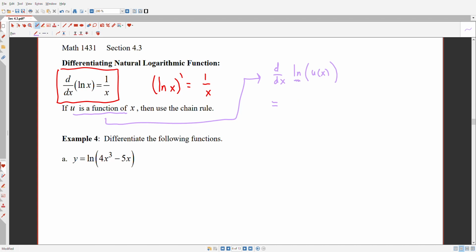That's my outside function. Its derivative is 1 over, and so I put my inside function. And now the chain rule comes in and I get u prime of x. So this will be u prime of x divided by u of x.